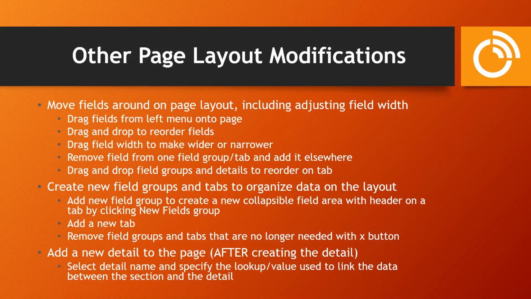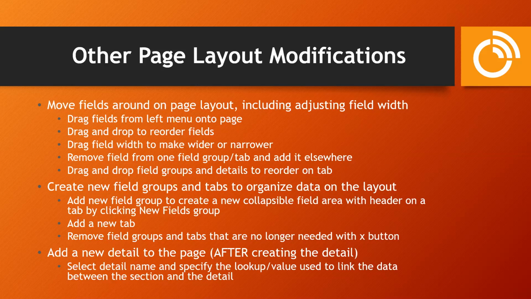So with creating new fields, you can also create new field groups and tabs to organize data on the layout. You can create new field groups, which you'll see on the layout are collapsible sections. It just helps to organize the data within a tab. And then tabs just let you organize similar fields and details into a single tab.